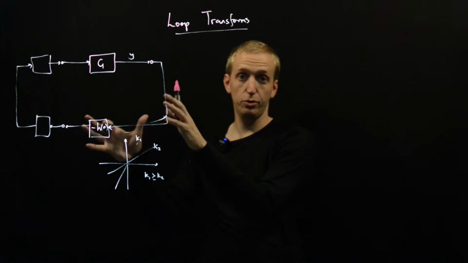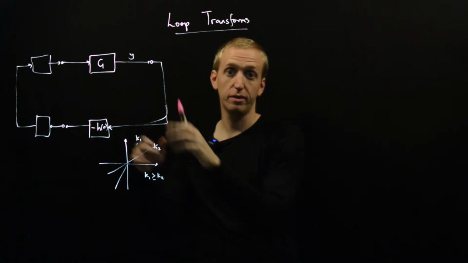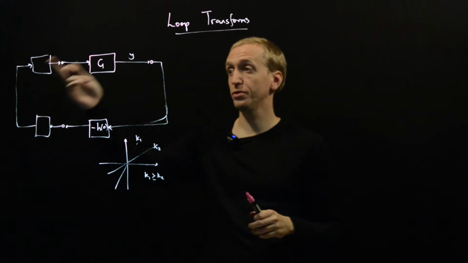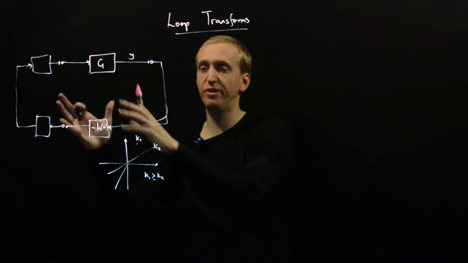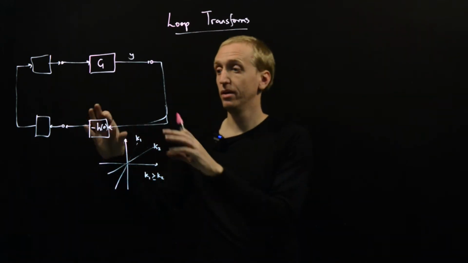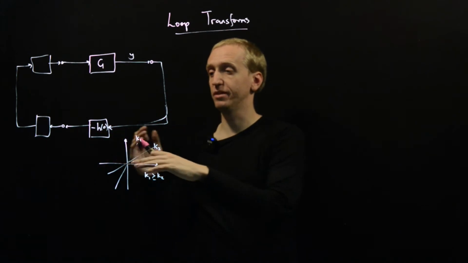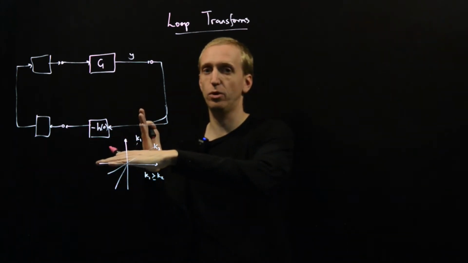And now I want to do a sequence of modifications to this picture which will not alter stability, but will allow us to regroup various blocks so that we end up with a new system where there's a corresponding H that lies in these quadrants.